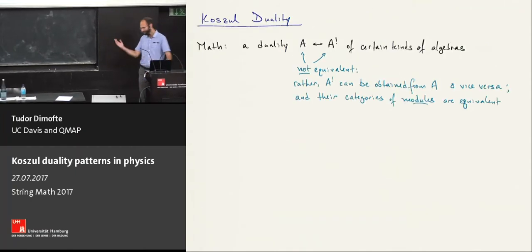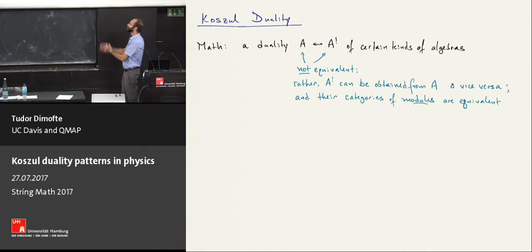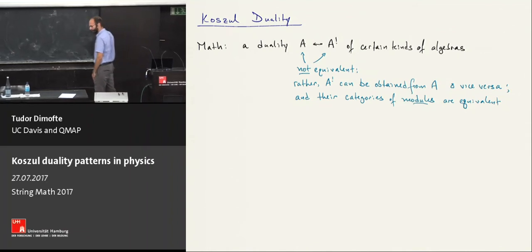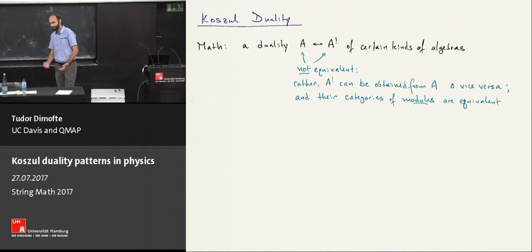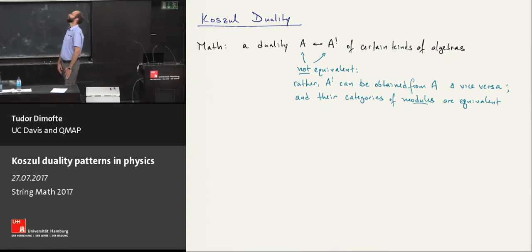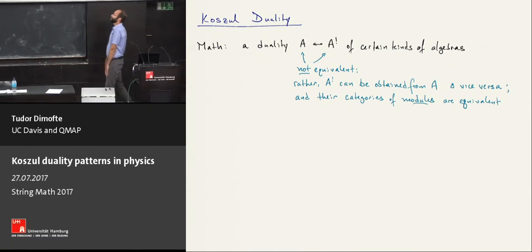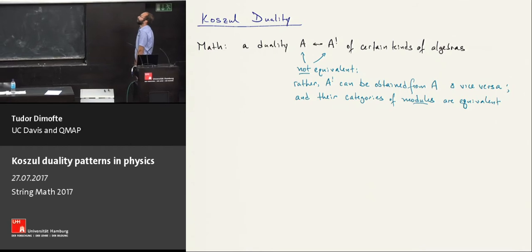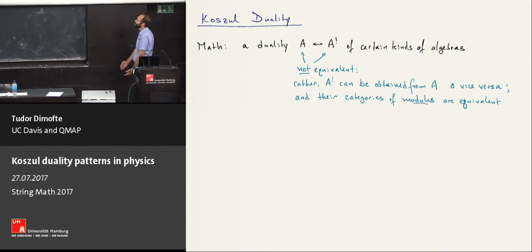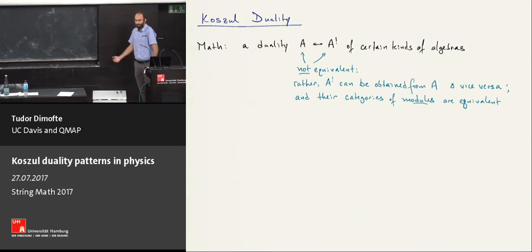So one of these very fancy concepts that is really fundamental in many parts of mathematics is Koszul duality. Roughly speaking, Koszul duality relates pairs of algebras.